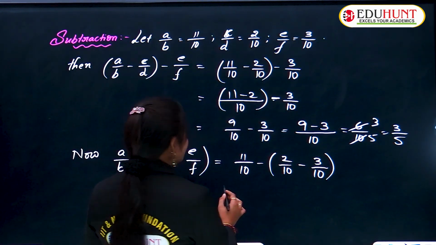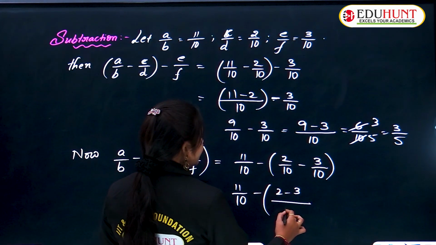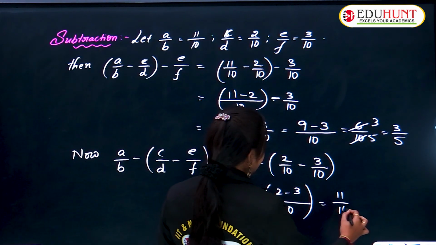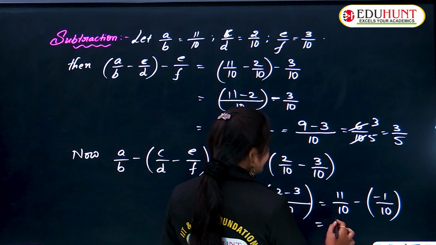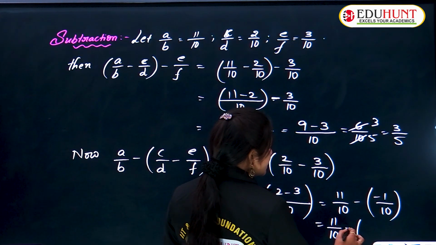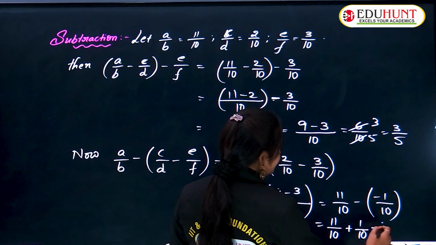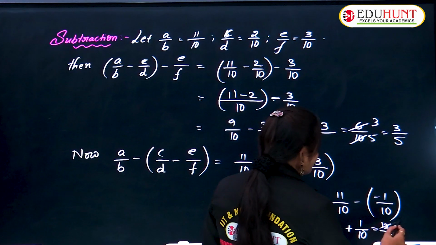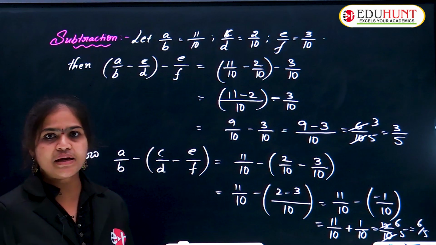Then 11 by 10 minus of 2 minus 3 by 10, which is 11 by 10 minus of minus 1 by 10. Minus of minus is plus, so 11 by 10 plus 1 by 10 equals 12 by 10. 12 by 10 simplifies, 2 sixes 12, 2 fives 10, to 6 by 5.